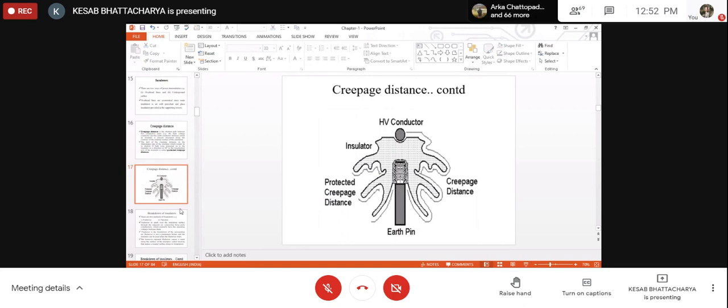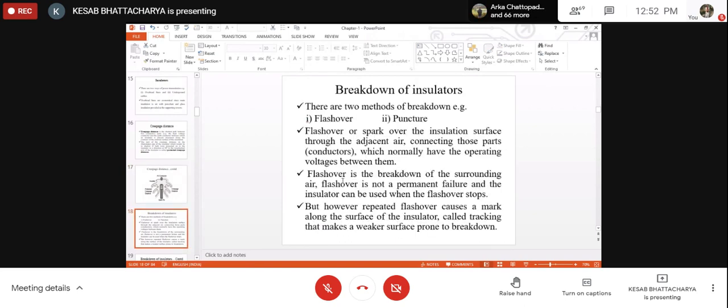Okay. The next point, flashover is the breakdown of the surrounding air. Flashover is not a permanent failure, and the insulator can be used when the flashover stops. But this point is to be noted, however, repeated flashover causes a mark along the surface of the insulator.